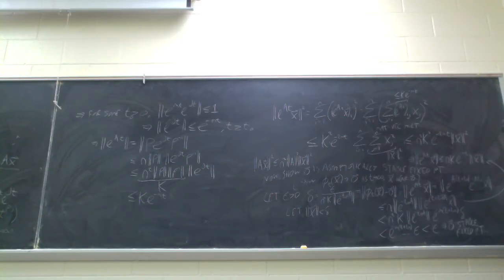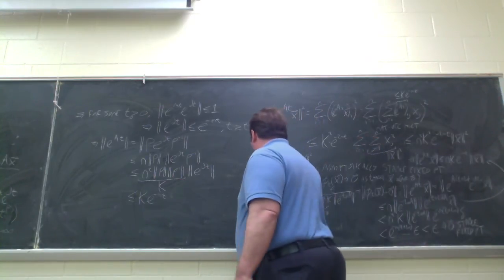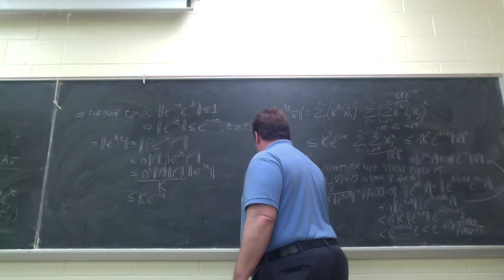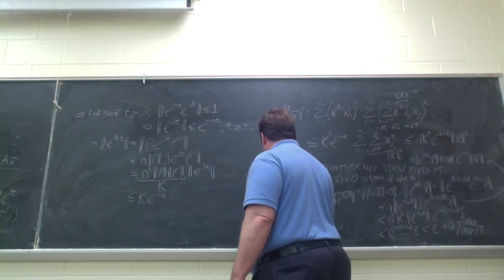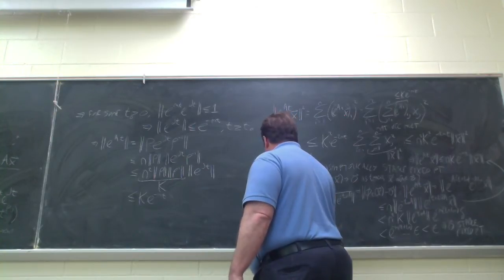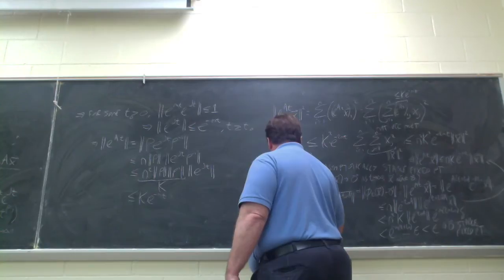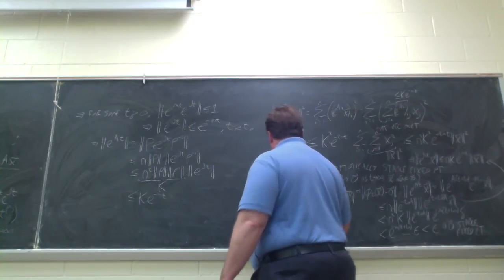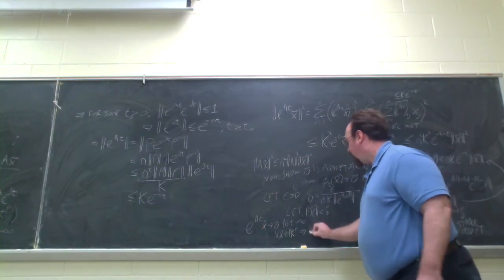And the thing is, because this flow, e to the At x, so my last remark that e to the At x goes to 0 as t goes to infinity for all x in R^n, not just x within a ball. So because of that, this is asymptotically stable.